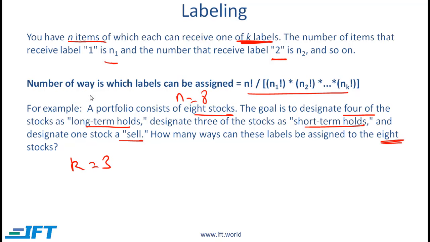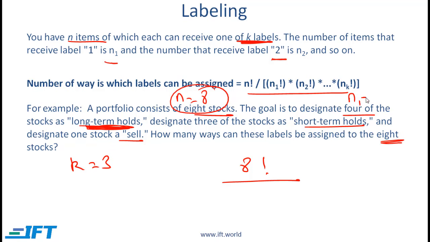The number of ways in which the labels can be assigned is equal to n factorial. So in our example, that would be 8 factorial because n is 8, divided by n1 factorial. This means that for our very first label, which is long-term holds, the number that need to be under this label is 4.